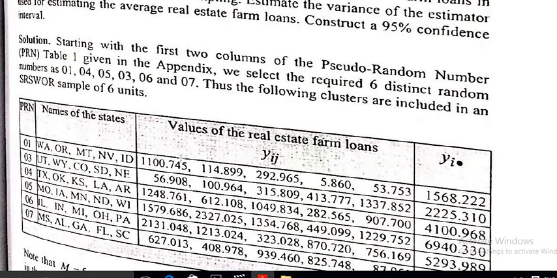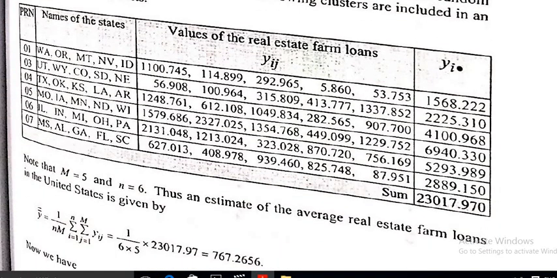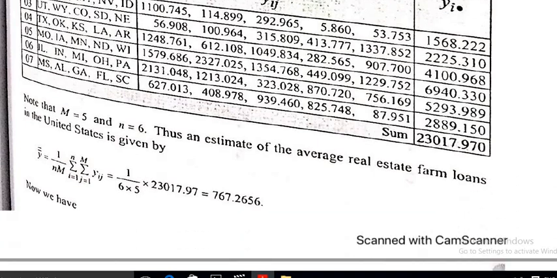1100.745 plus 114.899 and so on plus 53.753. Similarly, we have taken the sum of all clusters of the values of real estate farm loans.